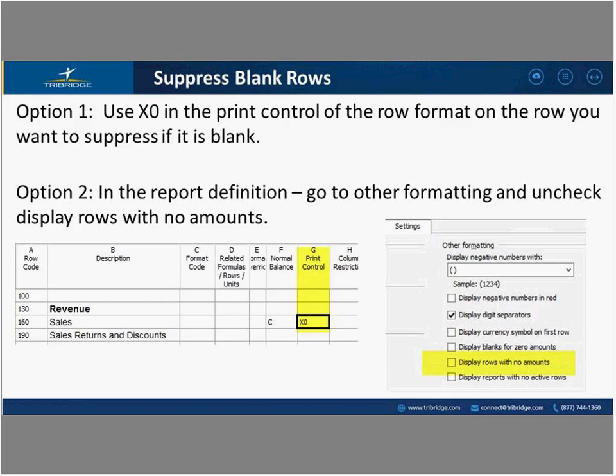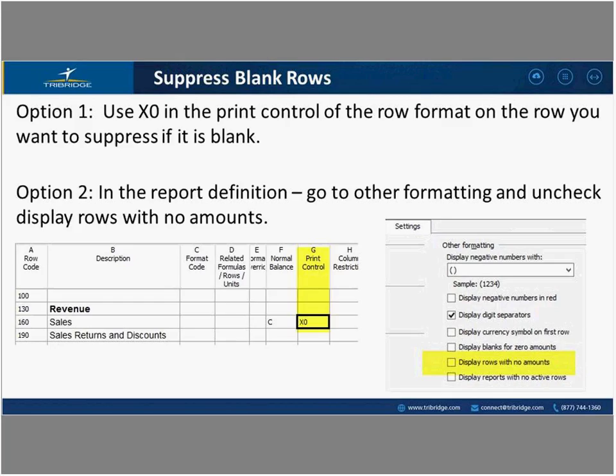Now, there are really two ways that you can use this feature. You can do it on the specific row format, or you can have the report definition itself have this unchecked where it says display rows with no amounts. Is one of these options better than the other? The answer is it depends on what you're trying to accomplish. If you want one row to be suppressed, then easily do that from your row format in the control option.